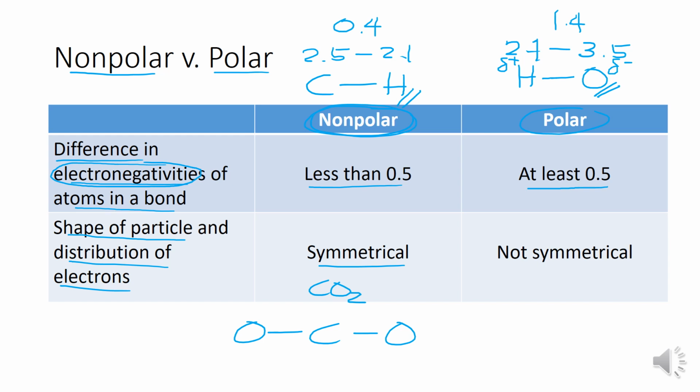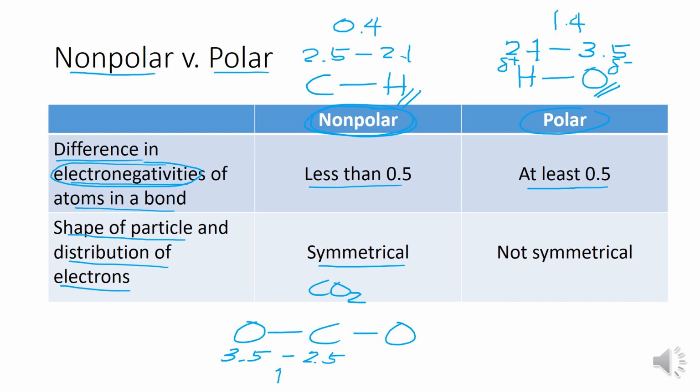If we consider each bond between oxygen and carbon, for oxygen we have 3.5 and for carbon we have 2.5. The difference is 1, which is greater than 0.5.